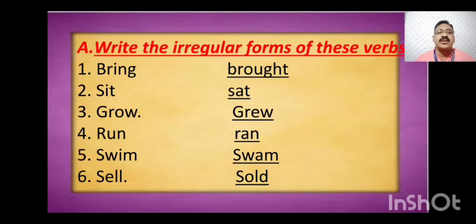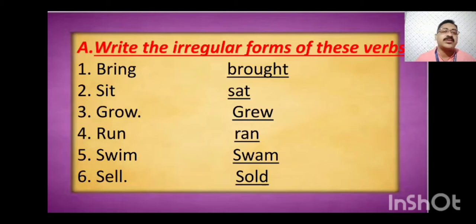Sit, sat; grow, grew; run, ran; swim, swam; sell, sold. You can see all of brought, sat, grew, ran, swam, sold are irregular forms of the verb, because in these verbs we have not added ed or d to change them, but the form is totally changed.